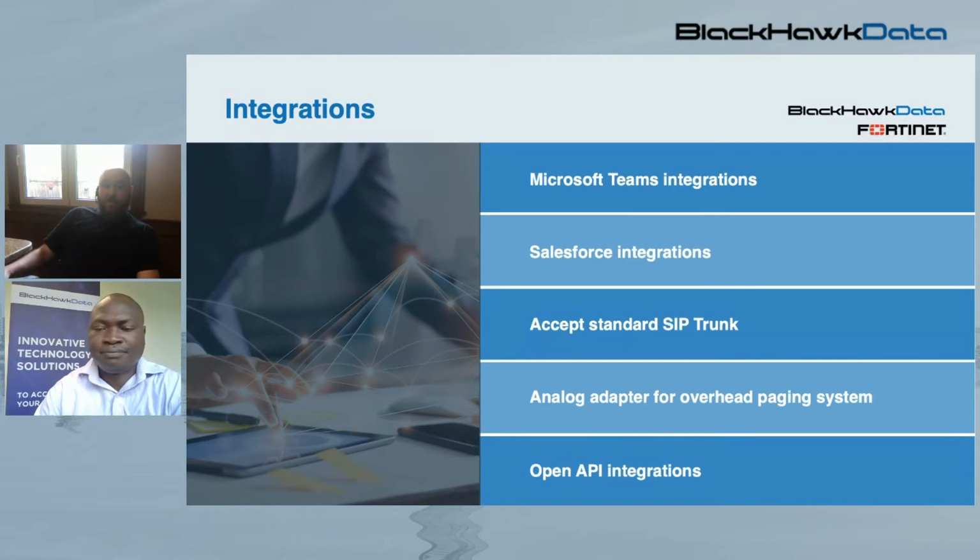We also support full integration with legacy devices as well. So if there's a need to have something like an overhead PA system or legacy fax machine or door phone, we do have a series of interface gateways that allow for that full functionality. And then, as I mentioned before, we do support a standard of open APIs, typically utilizing the RESTful standard.